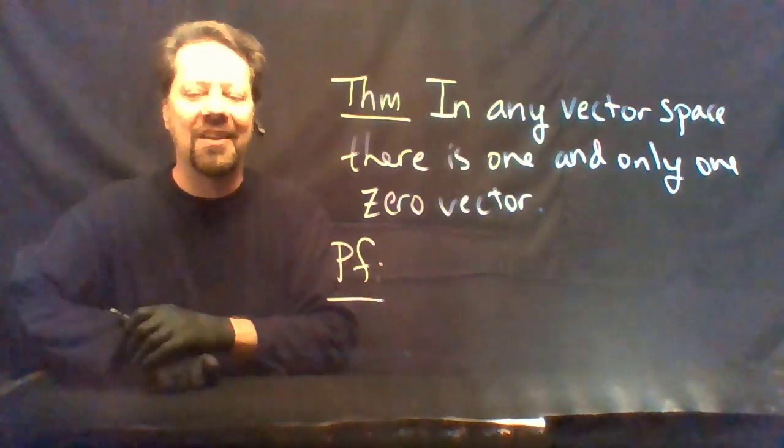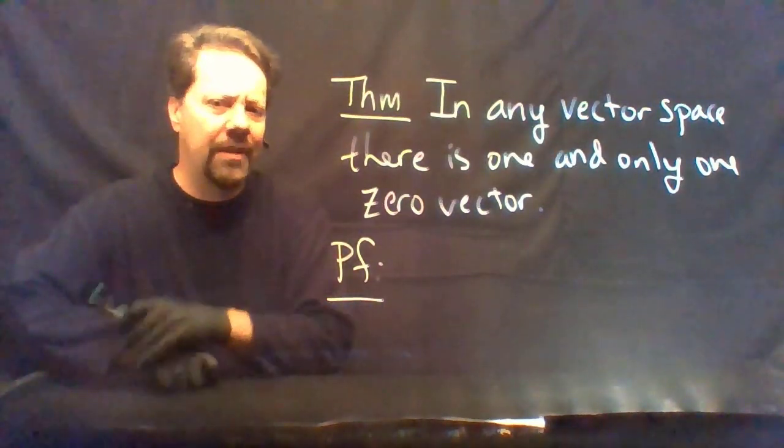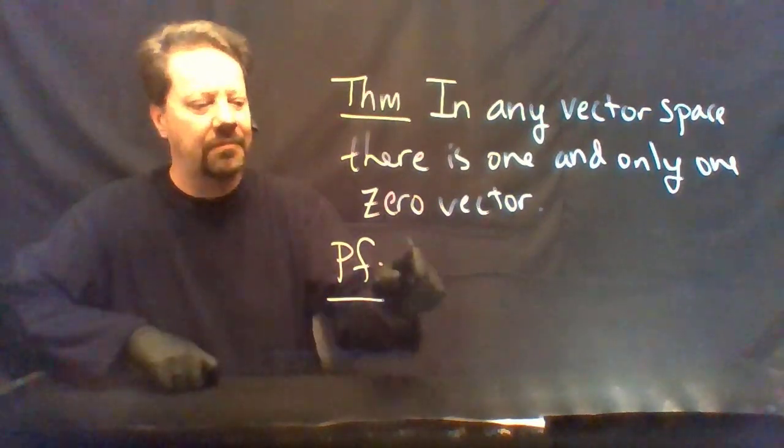The proof is very interesting because it is similar to all uniqueness proofs. You assume there are two of something, and then prove they have to be equal.